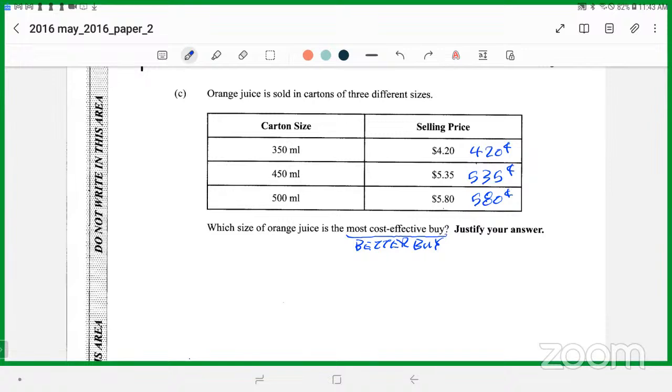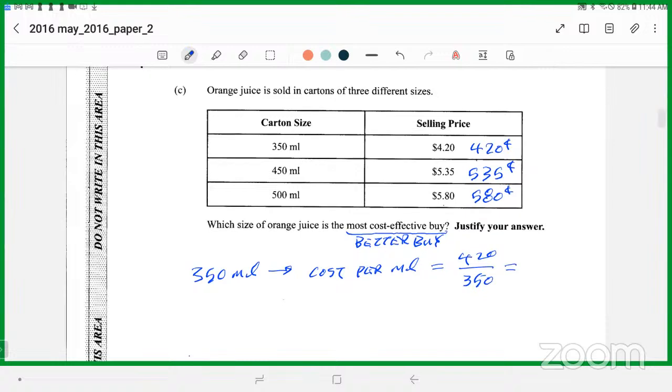For the 350 ml juice, I'm going to divide the money on top of that. The cost per milliliter, the cost for 1 milliliter, is 420 divided by 350. I'll do the same thing for the others.